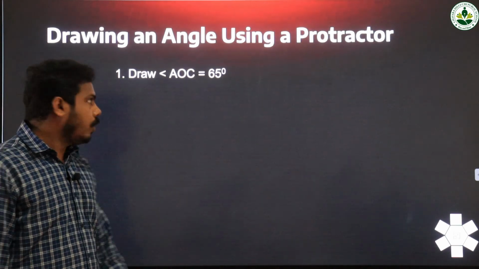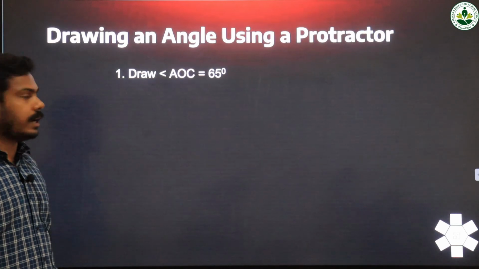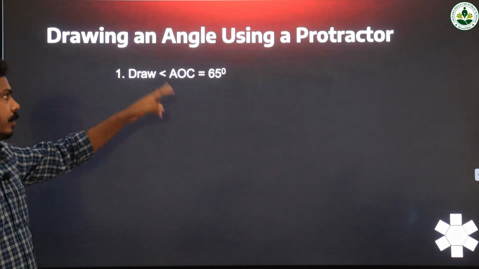Drawing an angle using a protractor. Here we need to draw angle OAC with 65 degrees. First we draw one of the arms. Here we draw OC.